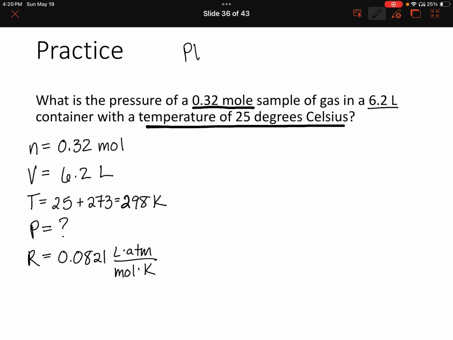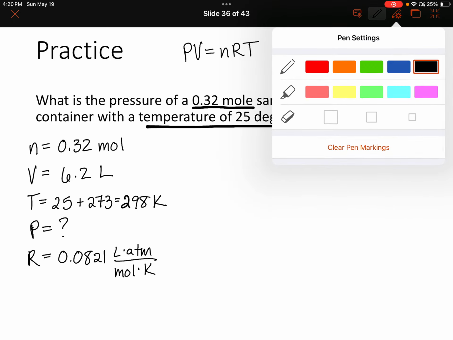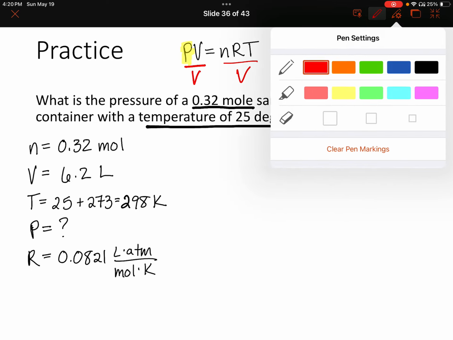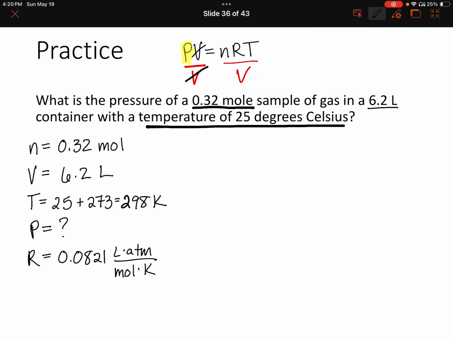Okay, so again, we're going to use the ideal gas law because we have all the right components for that. But we want to isolate pressure because that's what we're solving for. So let's divide both sides by volume. That'll cancel on the left, and that tells us that pressure is equal to nRT over V. Okay, so let's plug in our values.